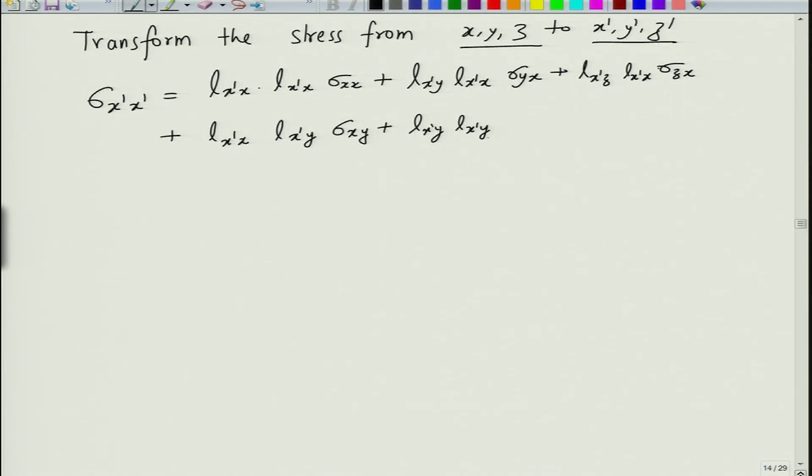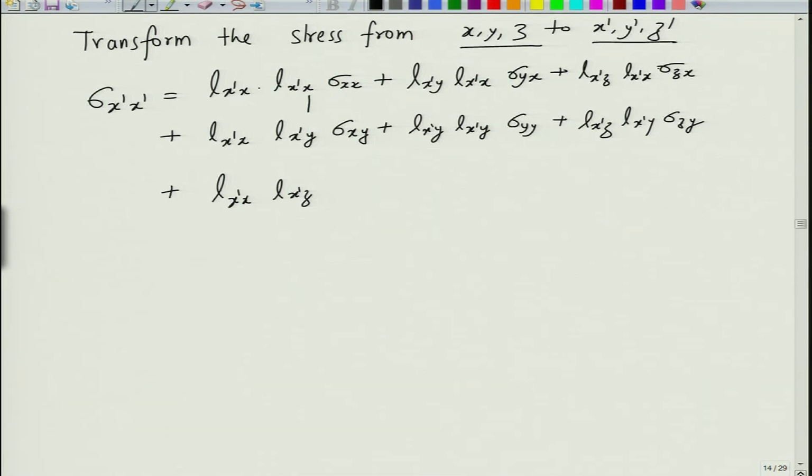Now you can see it is varying vertically, and this will become sigma y y. The third term will be L x prime z, L x prime y into sigma z y. Coming to the third row, it will be L x prime x, L x prime z.